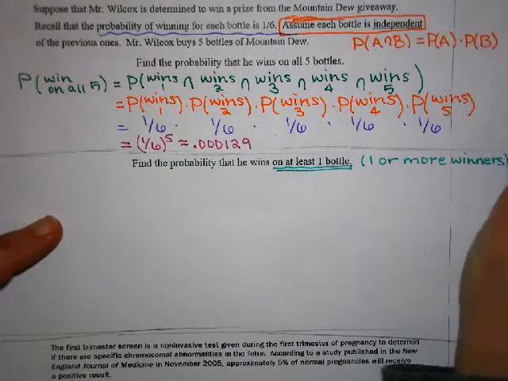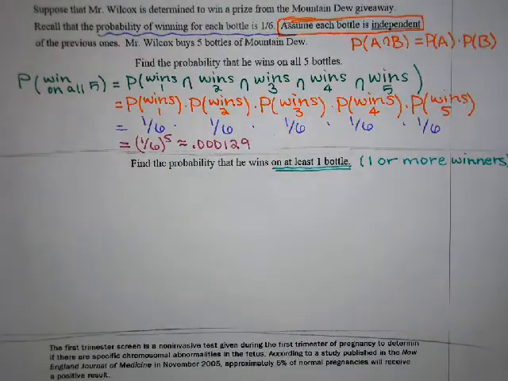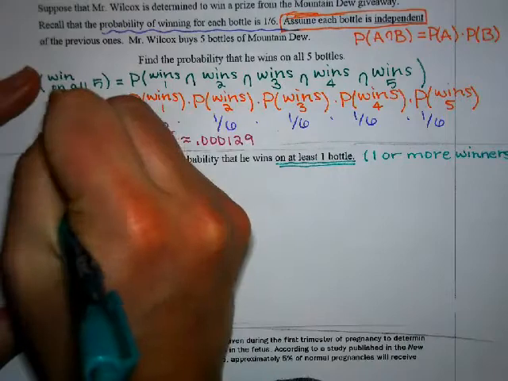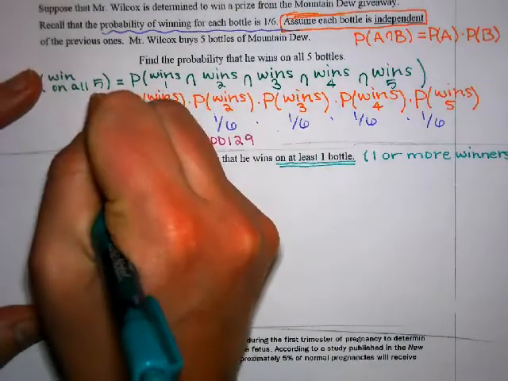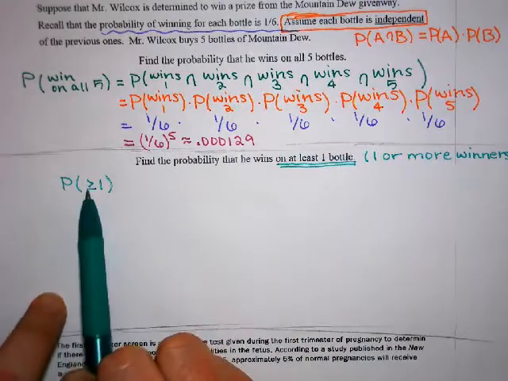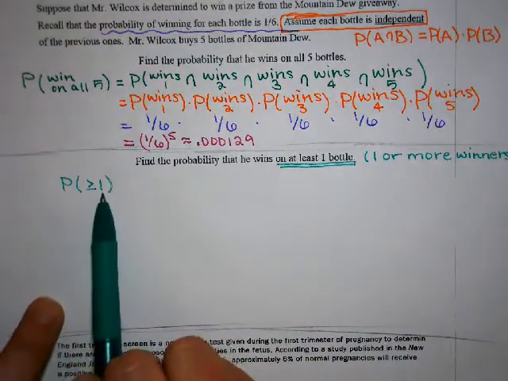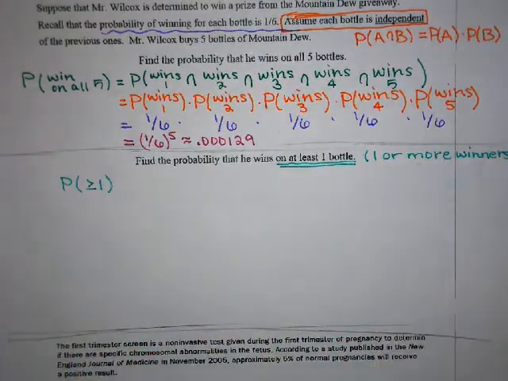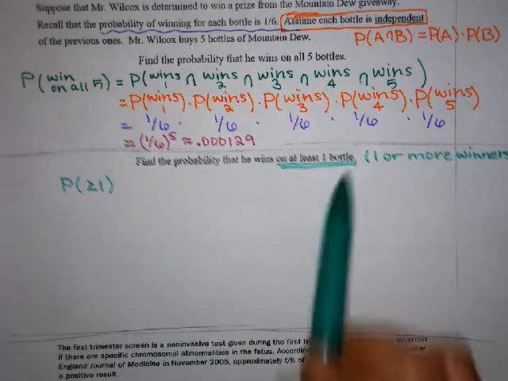So every year I have kids that go, okay, probability that this guy wins on at least 1, which by the way I'm using my greater than or equal to 1 because we can have 1 or more winners. I just don't want to have to write at least 1 each time.